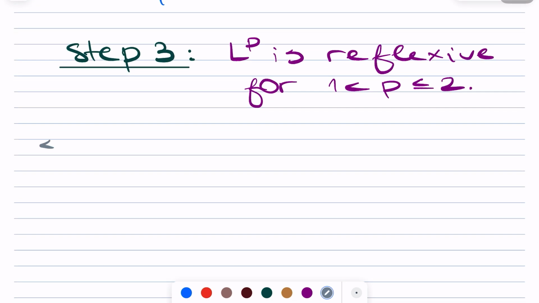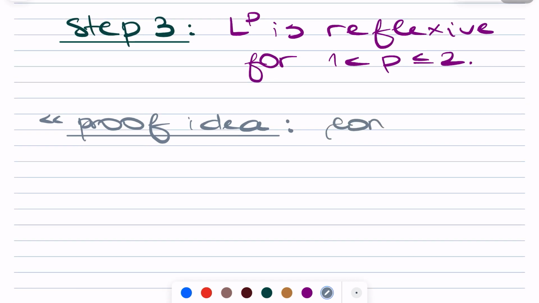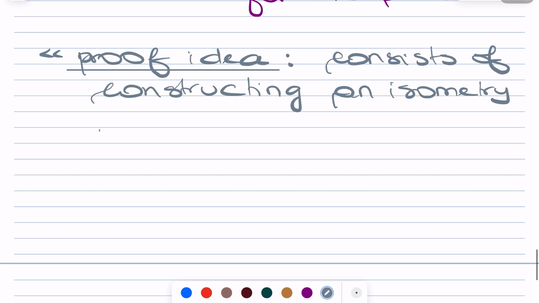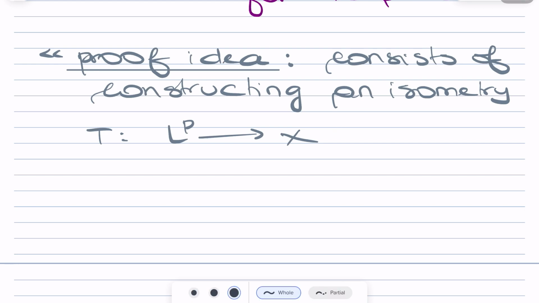So again, the proof idea, so you don't get lost along the way. The proof idea consists of constructing an isometry, say T, from LP to a reflexive space X, to be determined, of course.